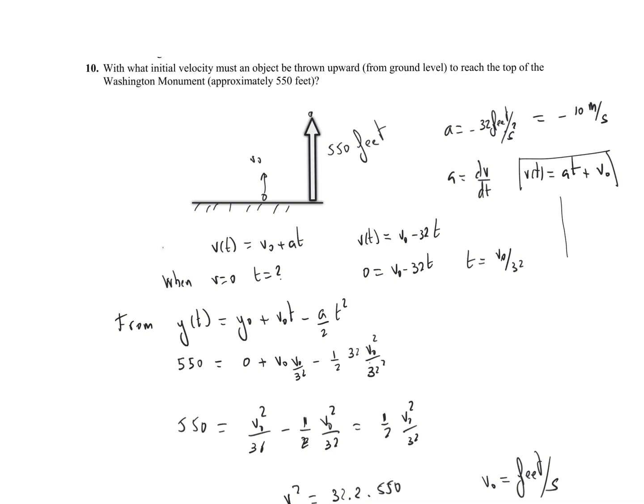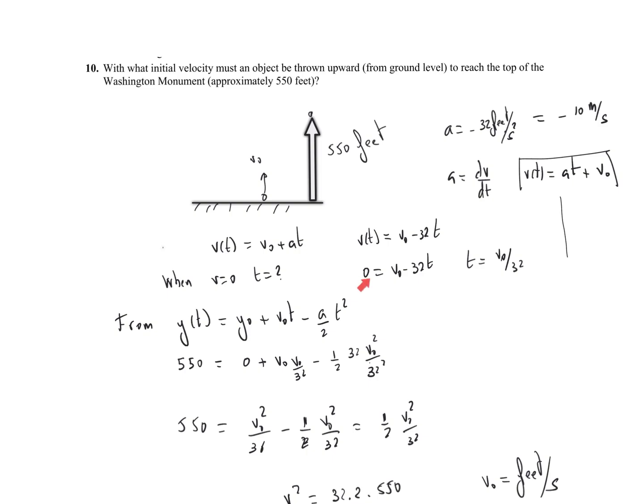So v of t is v0, which I don't know, plus a, which is minus 32 feet per second squared, multiplied by t. When the velocity is 0, the object is at the highest point, 550 feet, at the top of the Washington Monument.